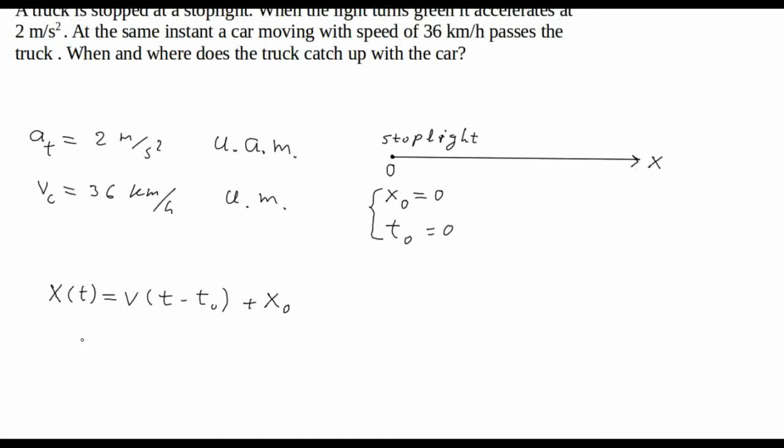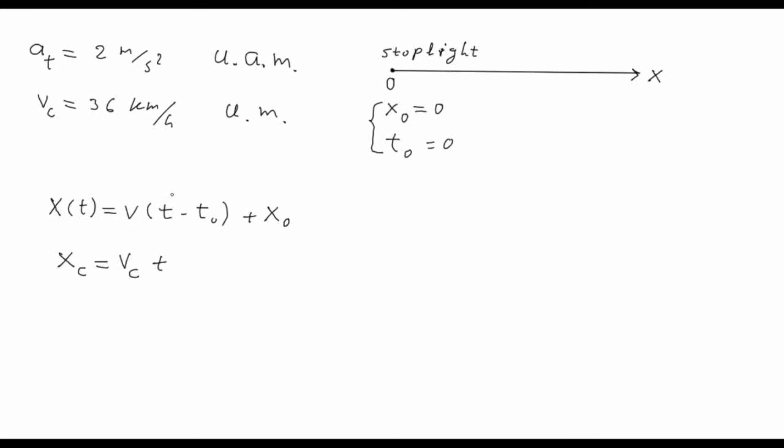And for this case, the position of the car is equal to the velocity of the car times t, because t_0 and x_0 are equal to 0. But here v_c is equal to 36 kilometers per hour.